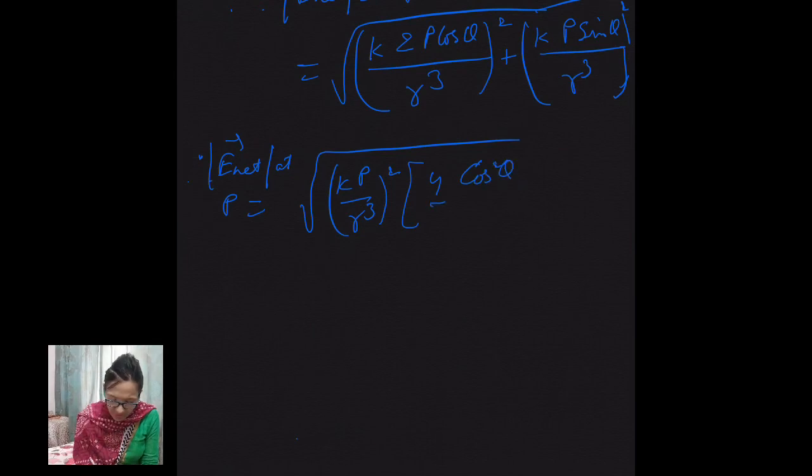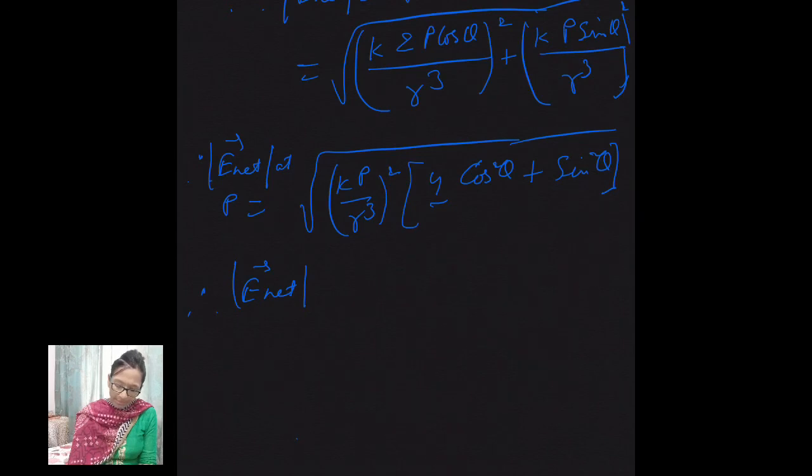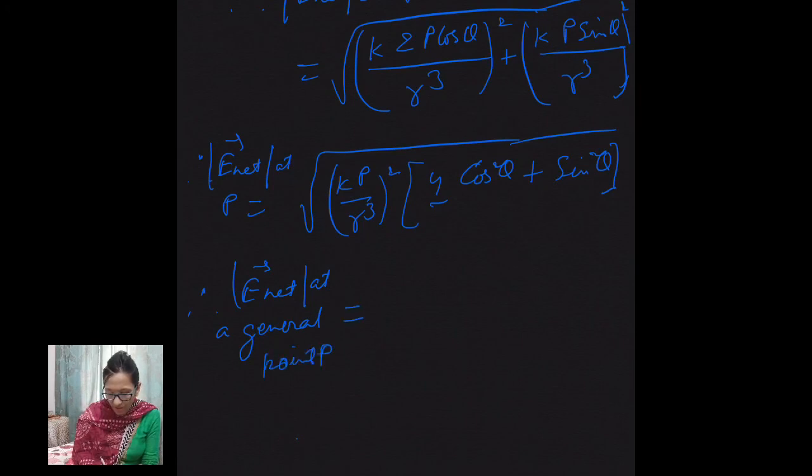One is along this direction, and due to this dipole, you have electric field here along axial direction. Let that electric field be E axial. And let us resolve this dipole moment into another component which is along this direction, perpendicular to OP direction.